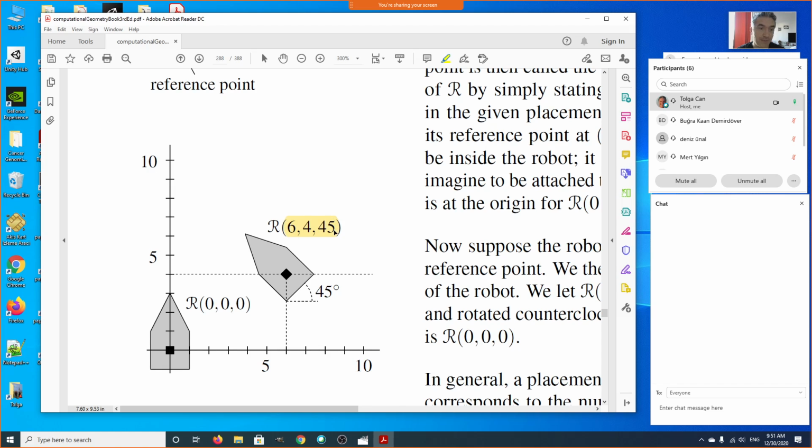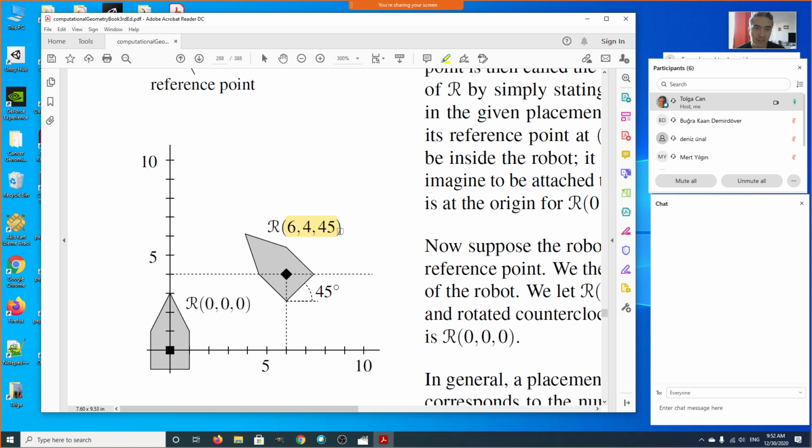This configuration space itself is three-dimensional. It's not necessarily Euclidean, because although the x and y coordinates may be between minus infinity and plus infinity, this angle is restricted to values between 0 and 360, and therefore it's more like a cylinder. If you try to visualize the space, it may be something like that.